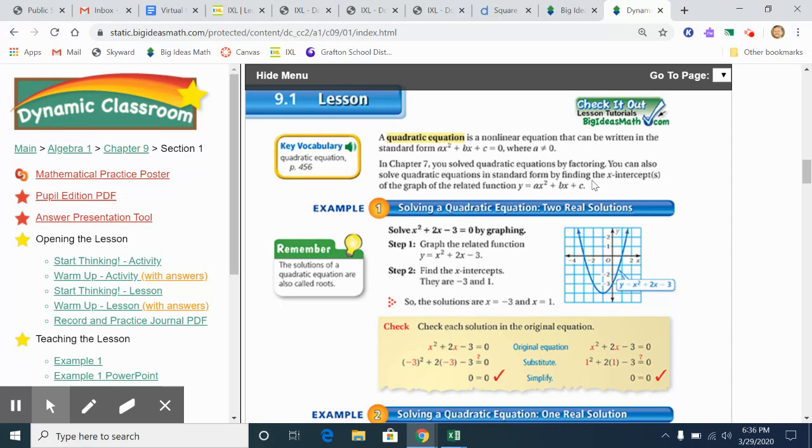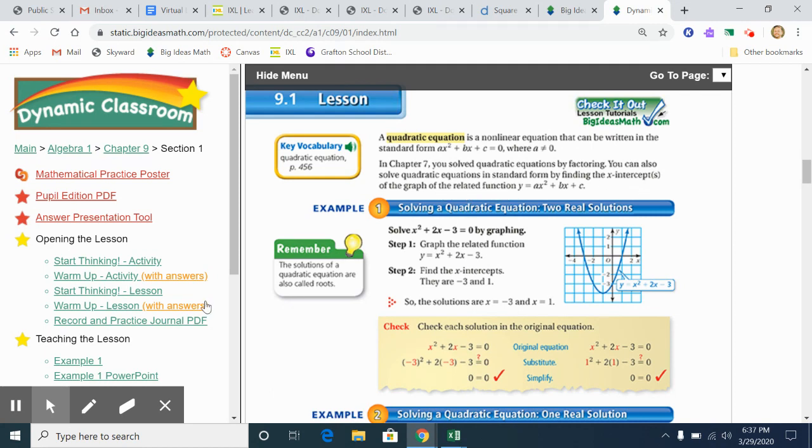When we factored in chapter 7, we found what numbers we could plug in for x that would make these expressions equal 0. Hopefully you remember me saying that, because we're doing the same type of thing, but in different ways. All right. So again, in chapter 7, you solved quadratic equations by factoring. You can also solve quadratic equations in standard form by finding the x-intercepts of the graph of the related function.